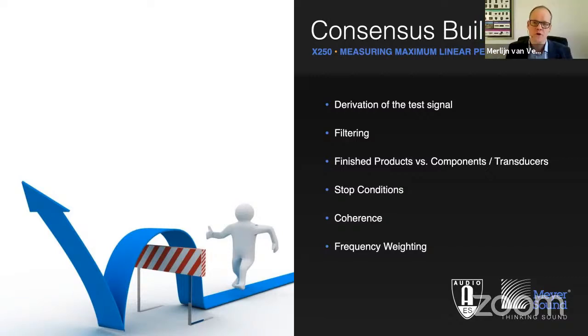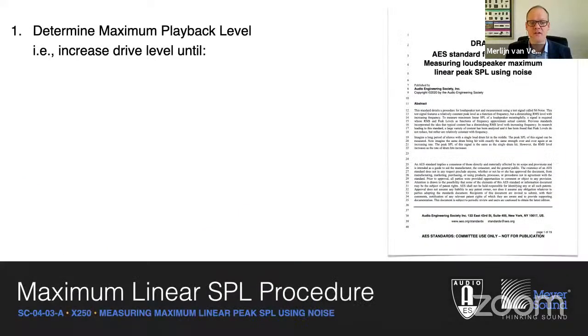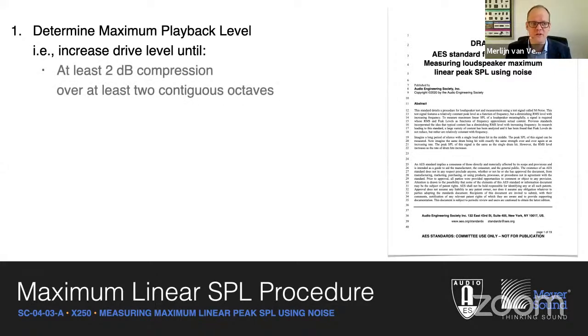Thank you, Roger. So with the stop conditions in place, we can now bring things together, and basically the entire procedure is a two-step process. The first step is simply going to be determine the maximum playback level until either of those three stop conditions are met.